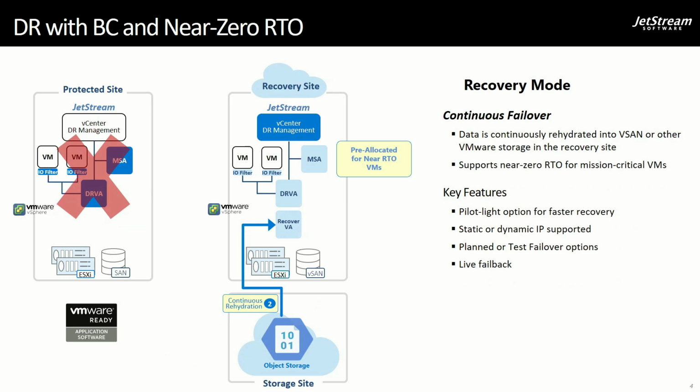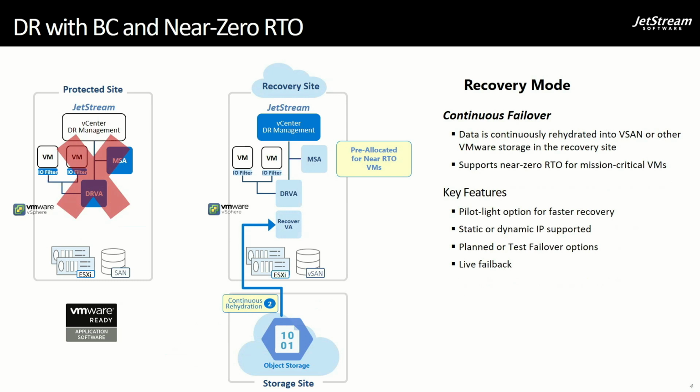That could be any data store presented by VMware. In the demo, since we're using the Azure VMware Solution, we're going to be rehydrating some of the virtual machines to a vSAN data store, and other virtual machines into ANF-backed data stores.